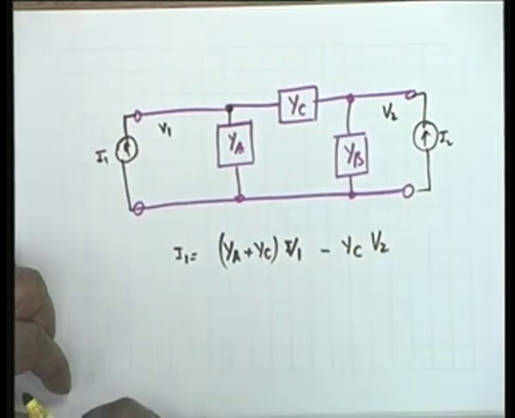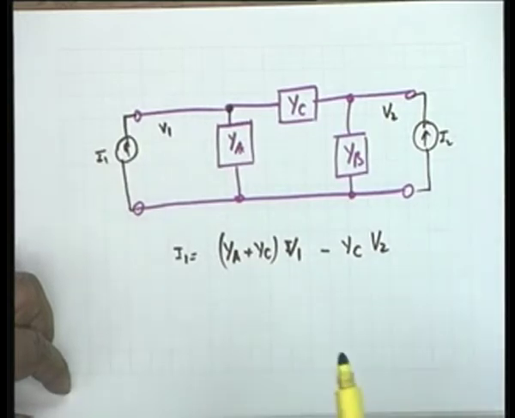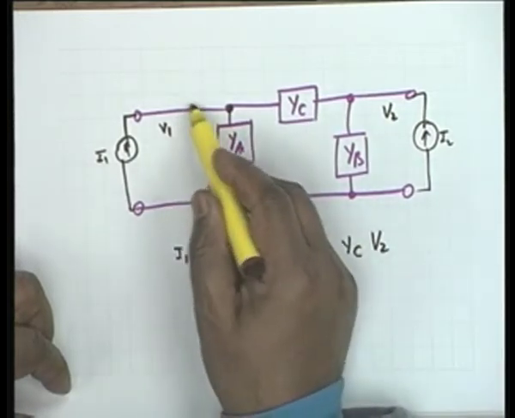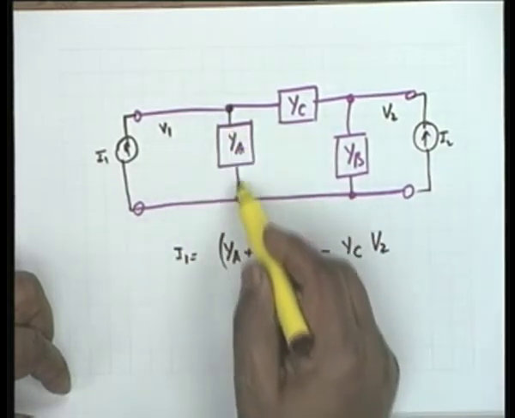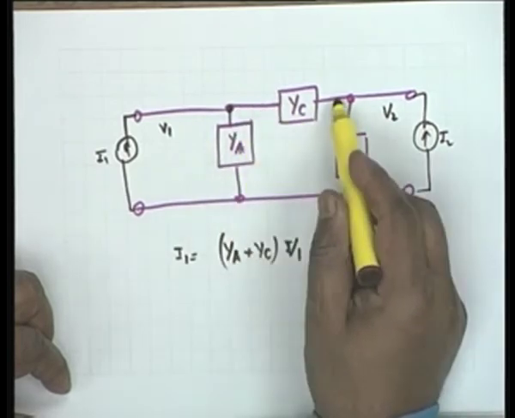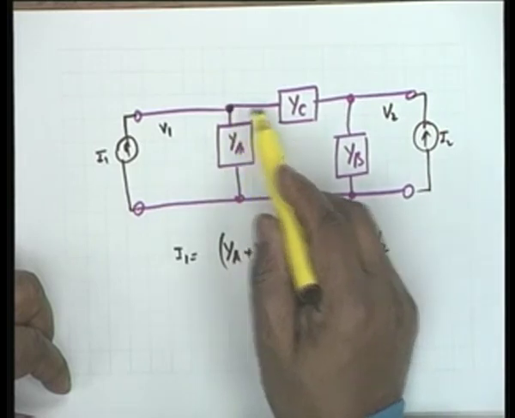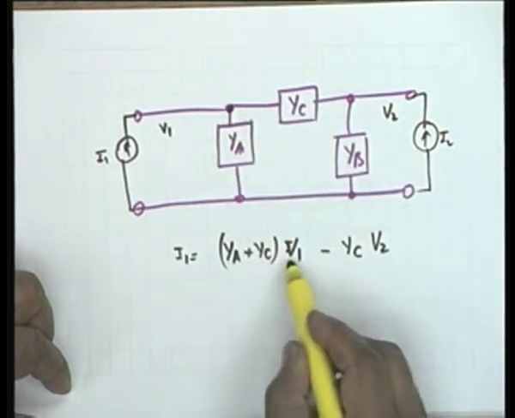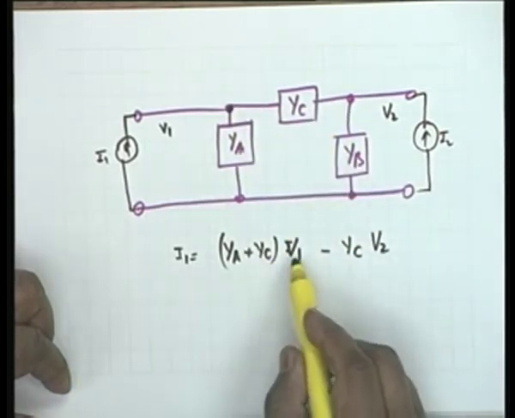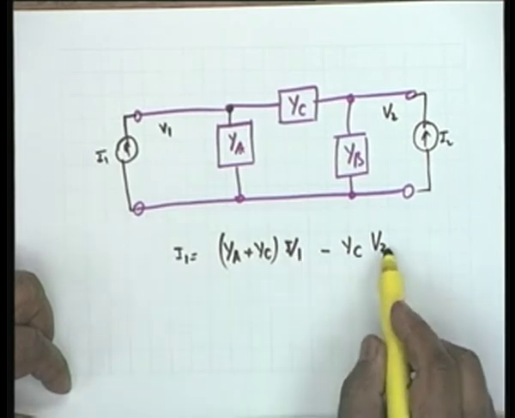Isn't that right? The current entering here is the current going through this plus the current going through this, and this current is V1 YA and this current is V1 minus V2 times YC. That is how I get YA plus YC times V1 minus YC V2. Is this point clear?